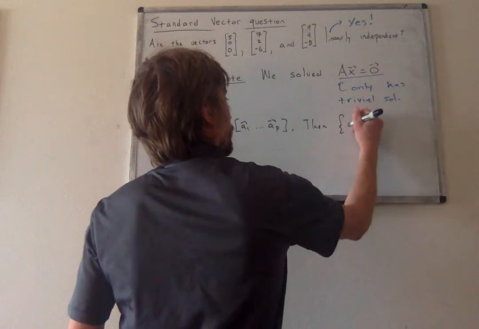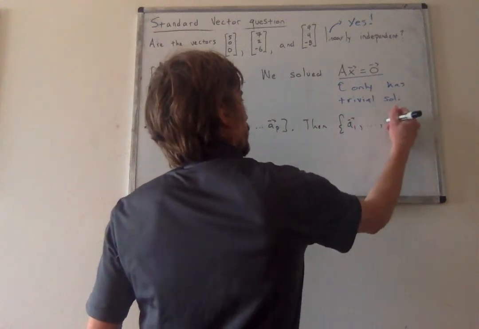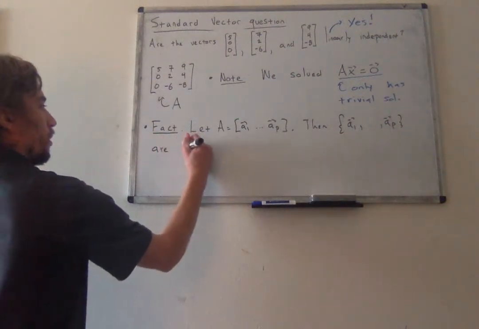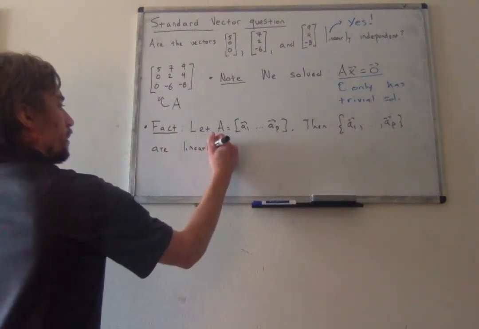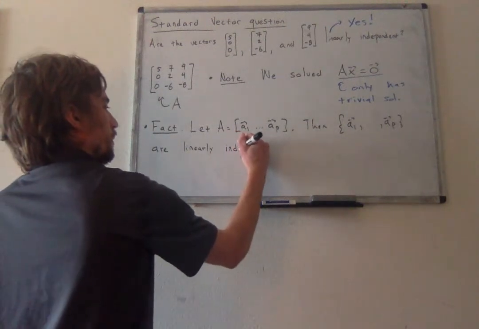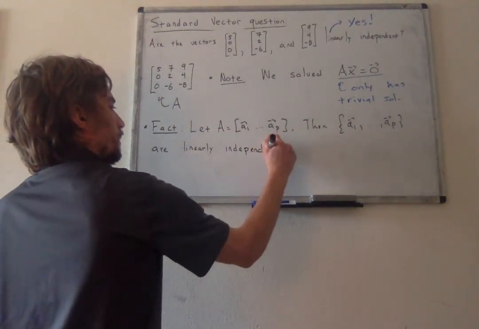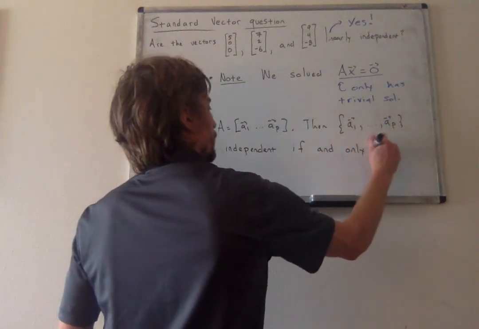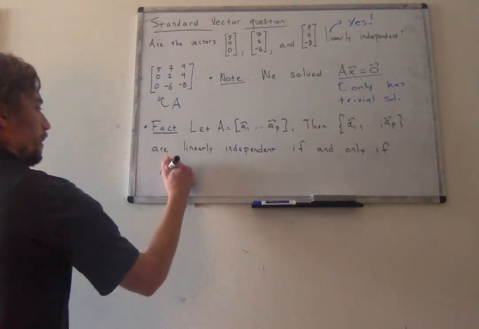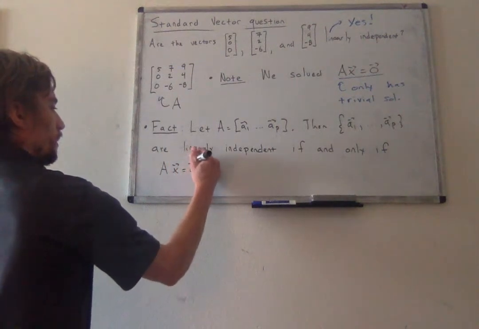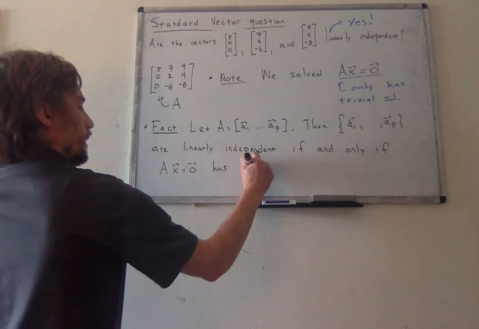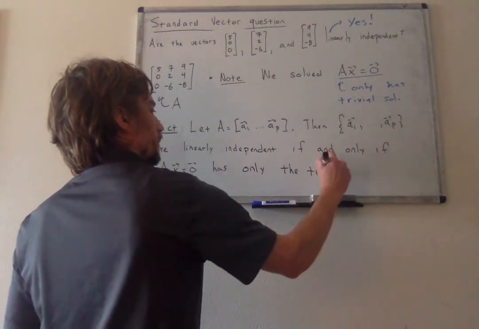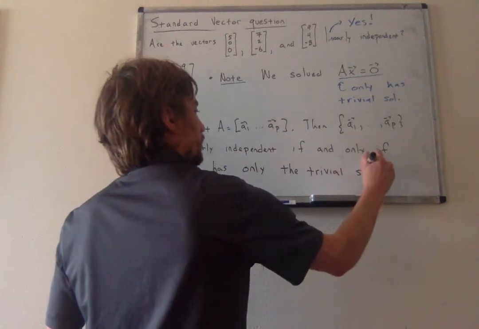Then the vectors A1 through AP are linearly independent if and only if AX equals 0 has only the trivial solution.